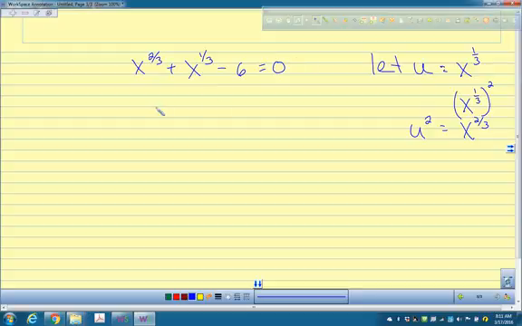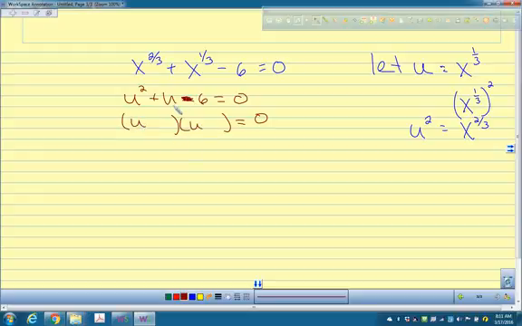So now what you do is you do your u substitution again. Okay? U squared plus u minus 6 equals 0. What does that factor to, Hayden? What two things add to 1 and multiply to negative 6? 2 and 3.